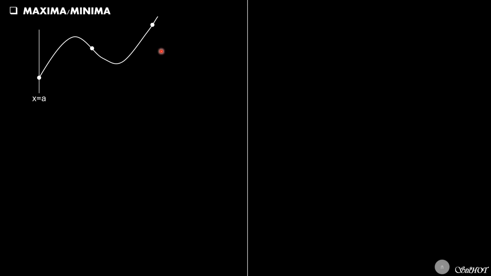So considering the closed interval a to b, if you look at the figure, then the left endpoint is the lowest point in this situation, and the right endpoint is the highest point in this situation. But these are only possibilities.